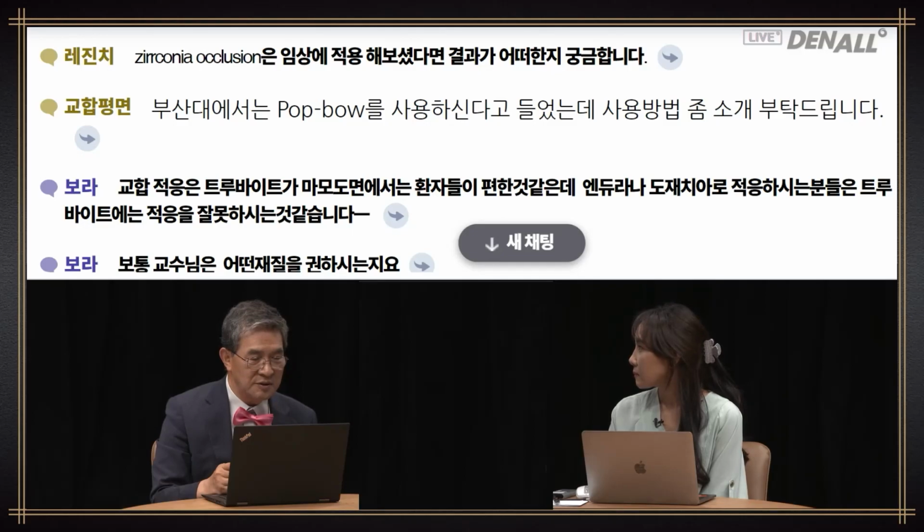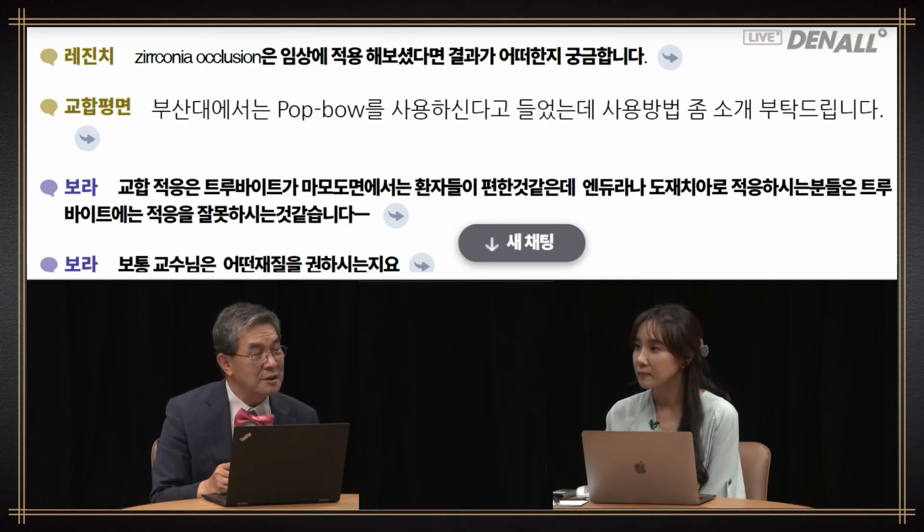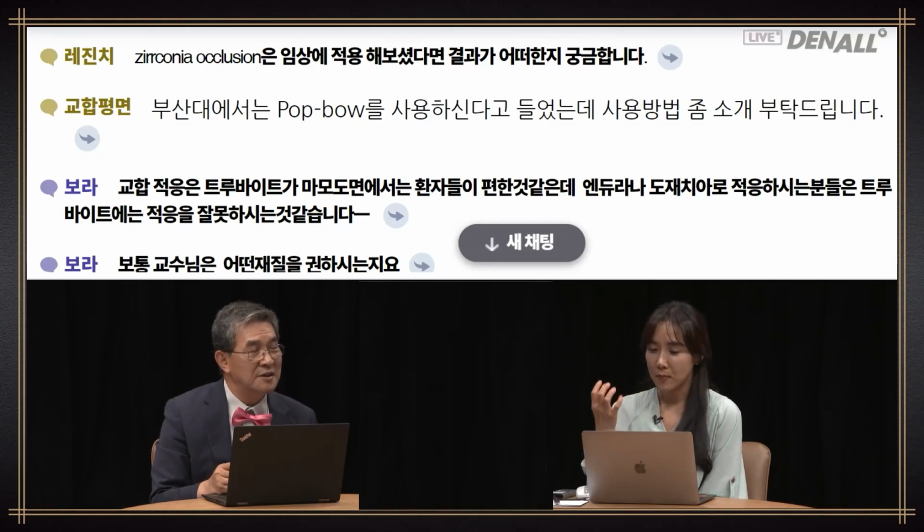Resin Choi, have you applied clinically the zirconia occlusion? How is the result? Zirconia occlusion, maybe zirconia teeth. It's not artificial teeth. We use zirconia, and it is milled and it is printed, and we continuously research them.